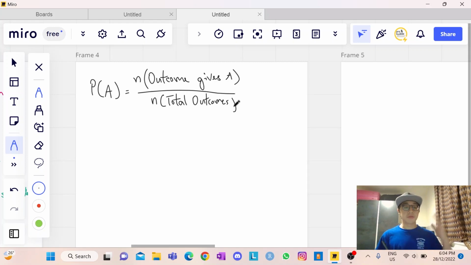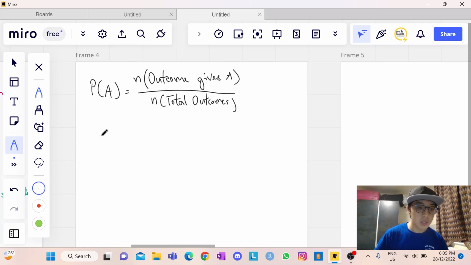All right, so from the first slide, we say that we want to get a 3 when we roll a dice. So the number of outcome that gives a 3 is 1, and the total outcome will be 6 because we can get 6 different numbers from rolling that, and therefore the probability is equals to 1 over 6. So if we are to present, okay, this is in a fraction form.